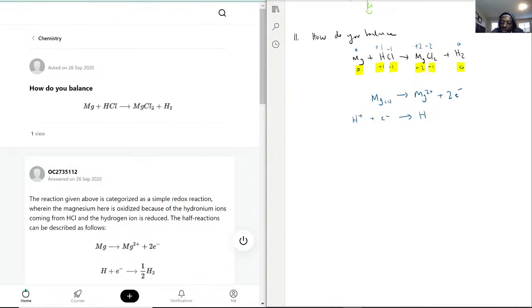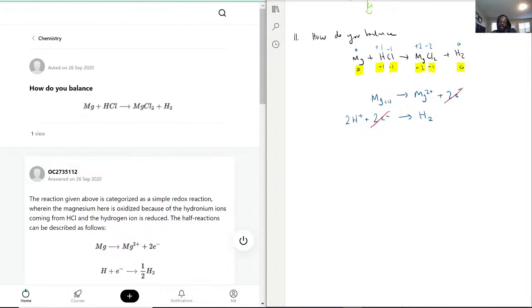Because there's 2 of them here, H2, you want to make sure that you have the same amount over here. Because you needed 2 hydrogens to turn into hydrogen gas, you need 2 electrons, an electron per hydrogen. And conveniently, that already balances out the amount of electrons you need.